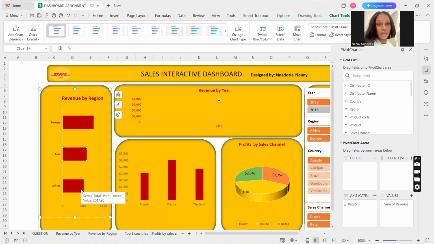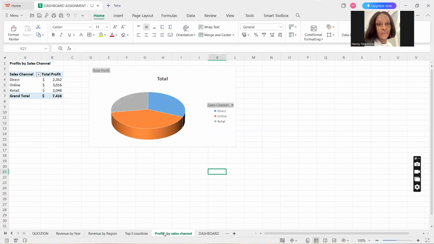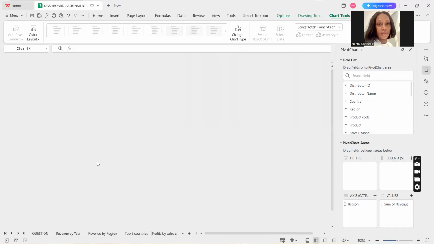Then Africa, which made the least revenue in the year 2012, made a total revenue of $2,047.95. Though we are supposed to approximate it, like in the table, it was approximated to the nearest whole number, actually. So we didn't take note of the decimal, the figures after the decimal point.